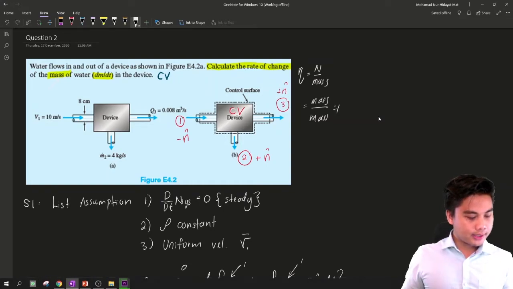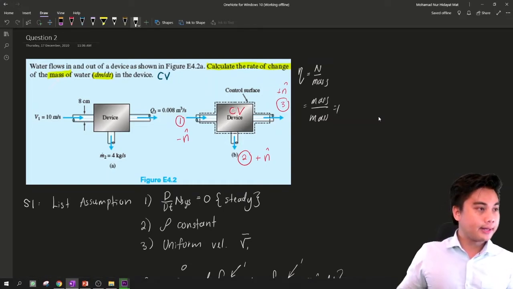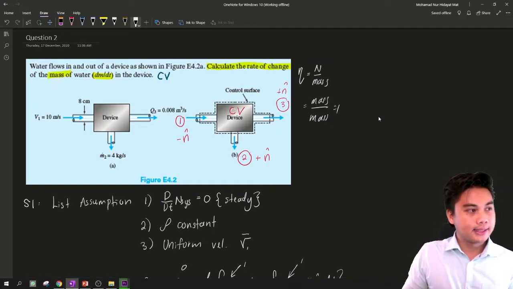From here, when we look at the inlet, we draw our eyes, for example, this is our eyes. What do we see of the cross-sectional area? Definitely, it looks like a circle.